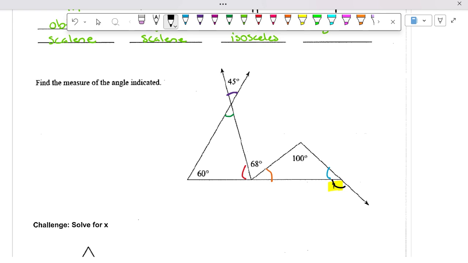So using that 45-degree angle, what color angle does that help me find? It helps me find the green first. What is the measure of the green angle? 45, they're vertical.